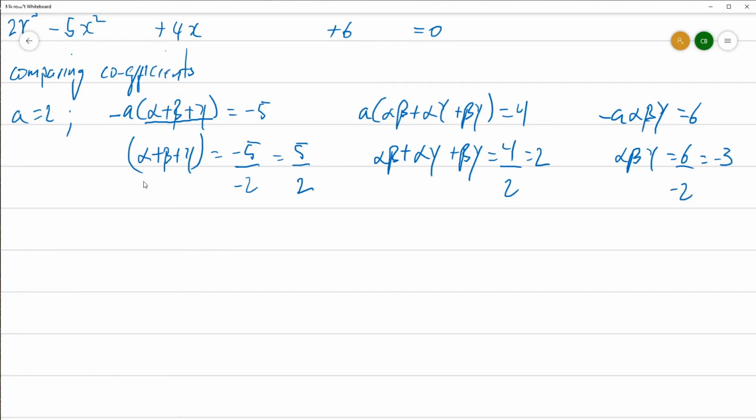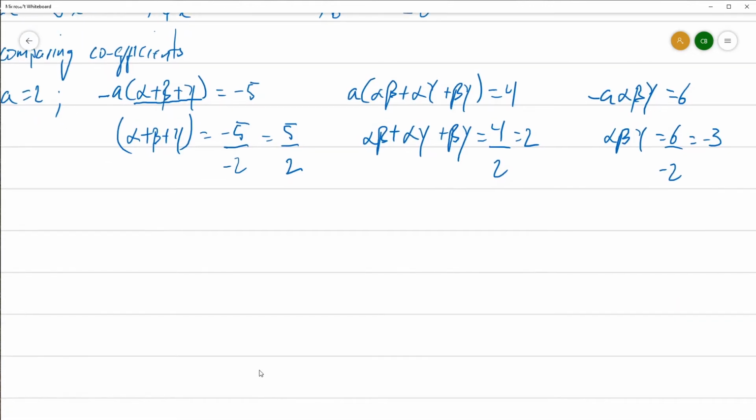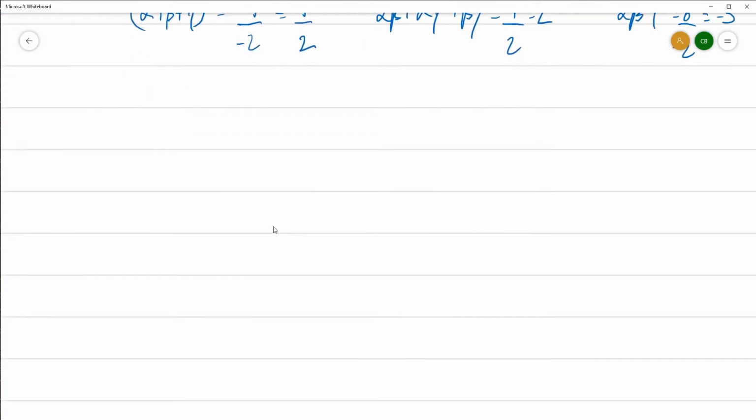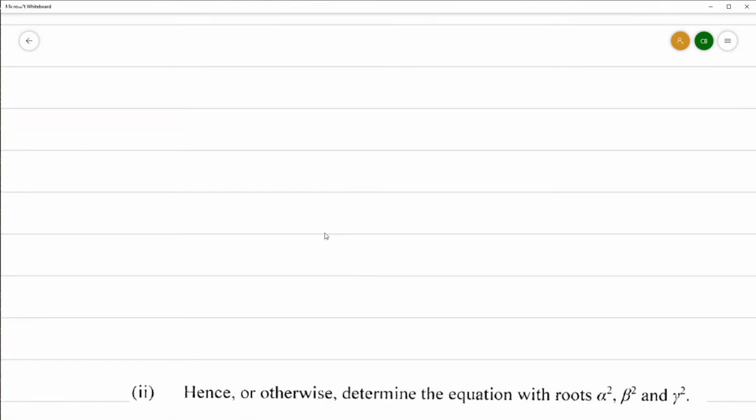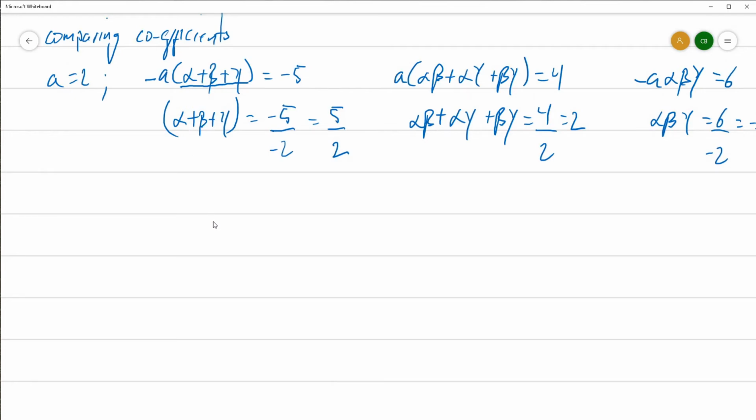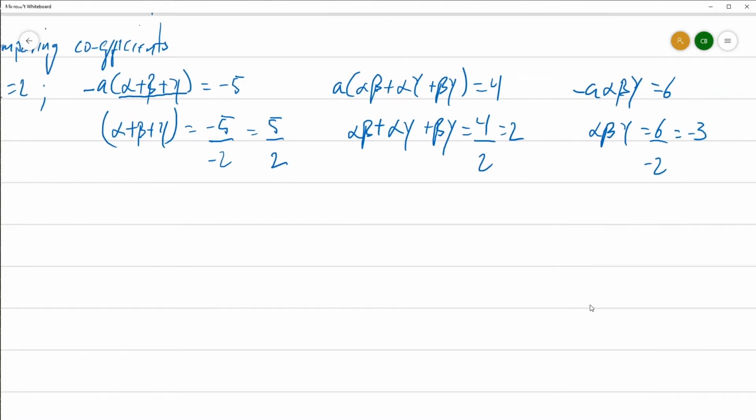They are asking to use the equations we have here: a being 2, alpha plus beta plus gamma being 5 on 2, this sum of products being equal to 2, and the product of all three being equal to minus 3.